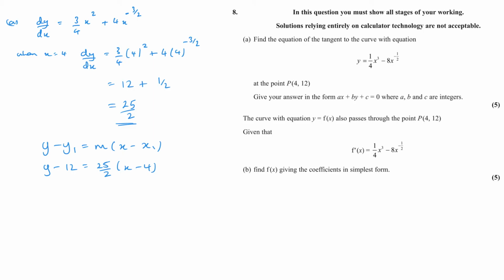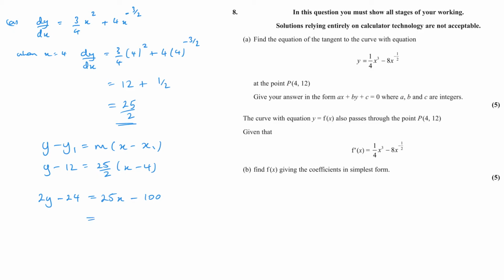So what I do is multiply up by 2, so I get 2y minus 24, and I also expand the bracket at the same time. Now we've got rid of the 2, so it's just 25x minus 100.